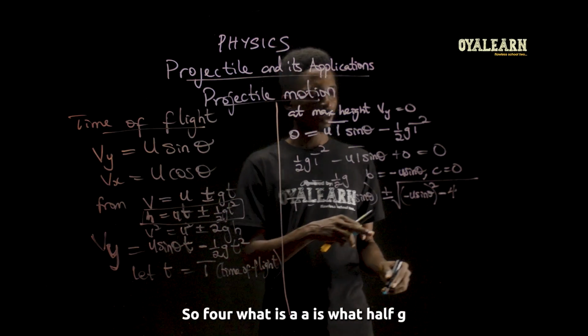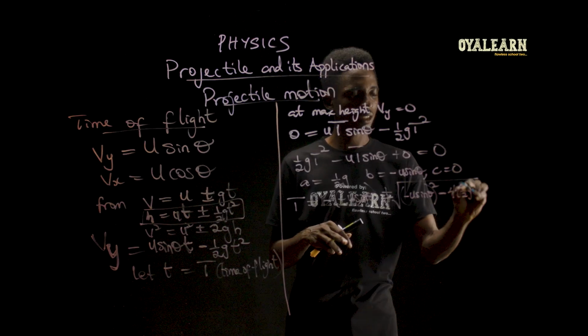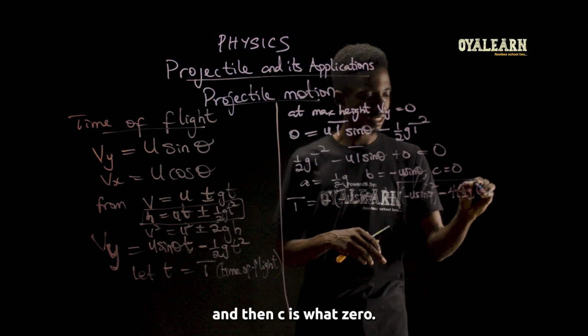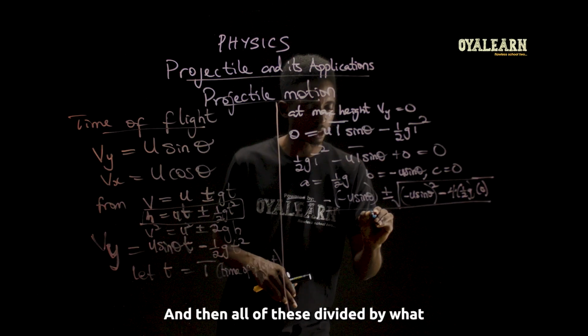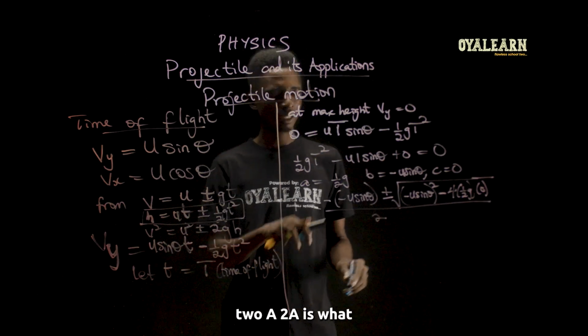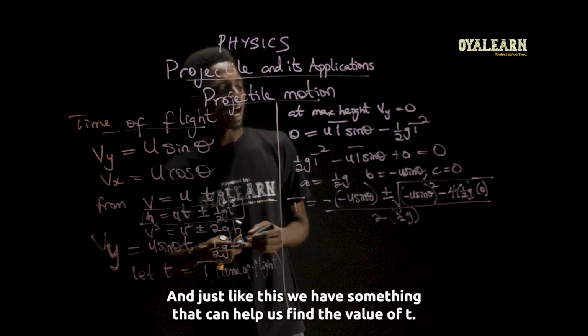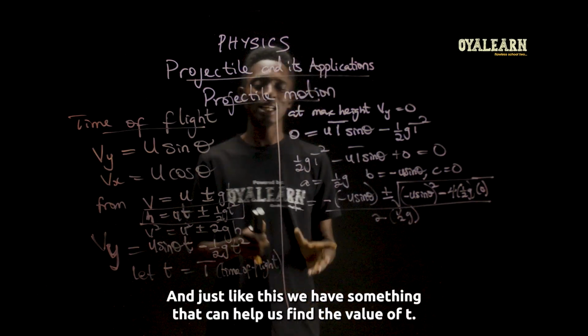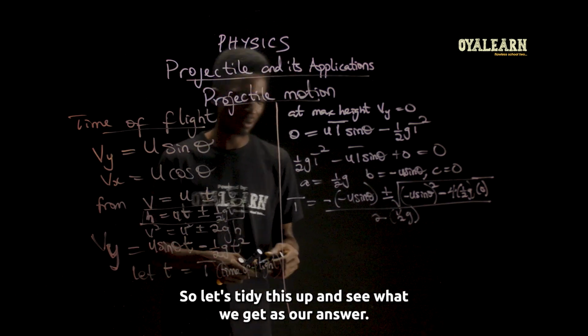So 4, what is a? A is what? Half g. And then c is what? 0. And then all of this divided by what? 2a. 2a is what? Half g. And just like this, we have something that can help us find the value of T. So let's tidy this up and see what we get as our answer.